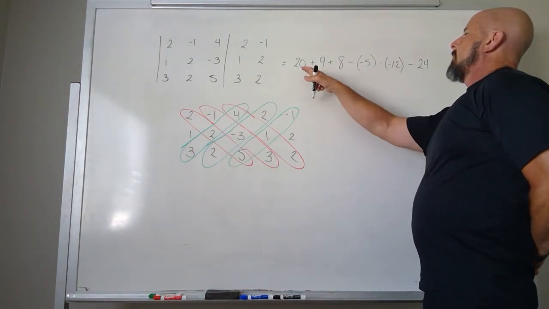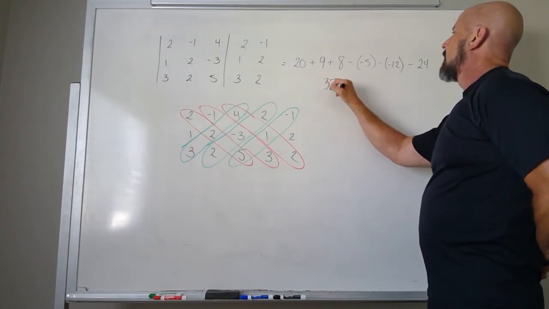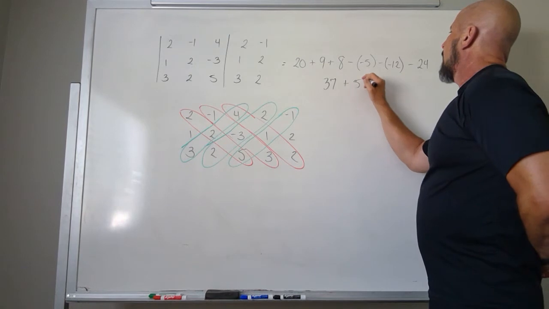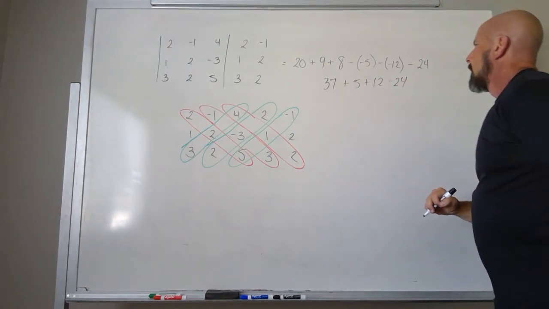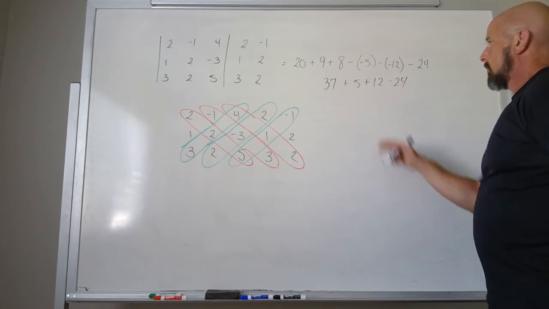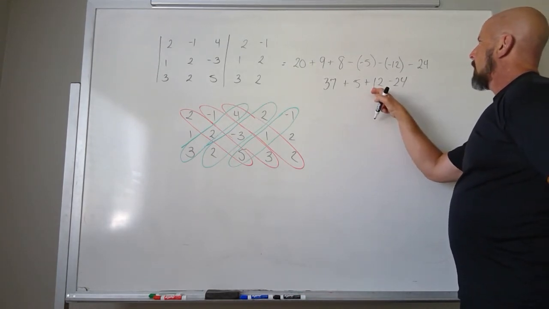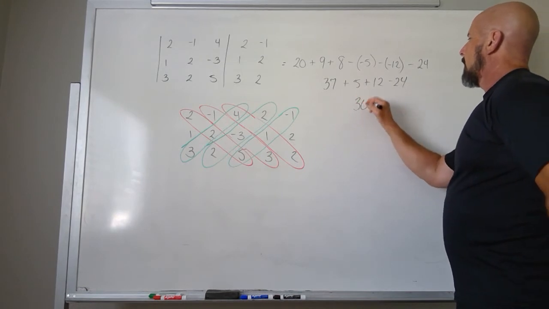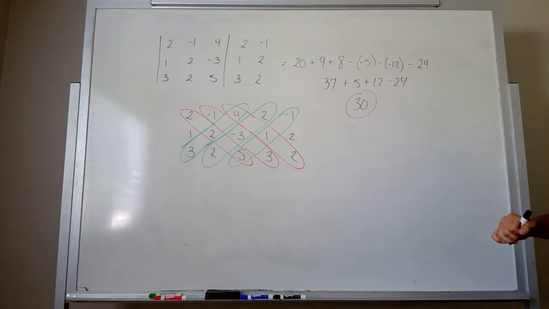So let's see, that would be 29, that's 37. Let's see, plus 5, plus 12, minus 24. So that would be, let's see, 42, 54, 30, and unless I did my math wrong, but you get the idea, we're just combining those like terms.